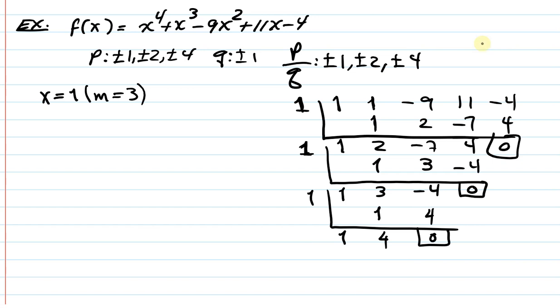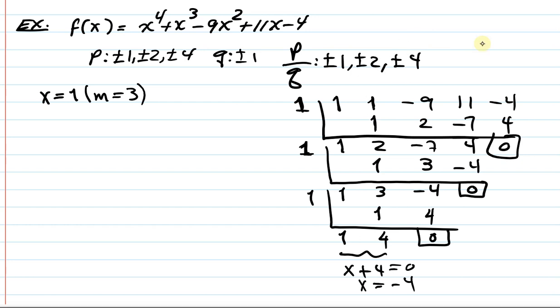Perfect. Now, at this point, this is just a linear equation, right? x plus 4 equals 0, so x is negative 4. And there's one of the other rational zeros in our rational zero list. No need to do synthetic division. Once we're down to linear or quadratic factors, we usually use factoring, or in this case, it was a linear factor.